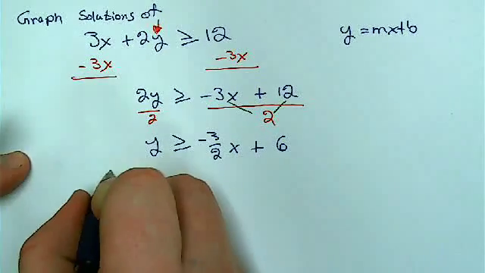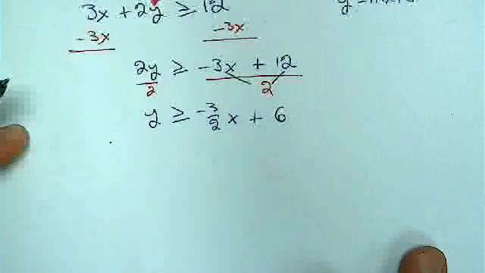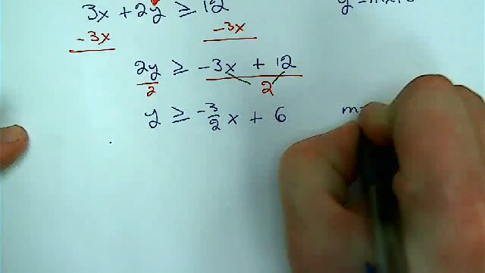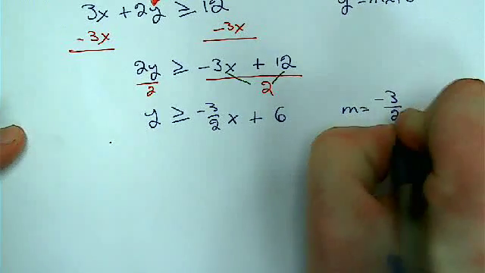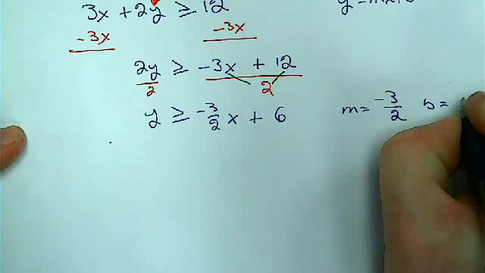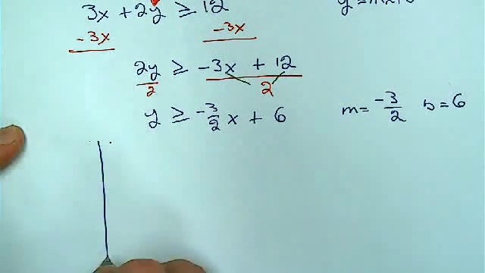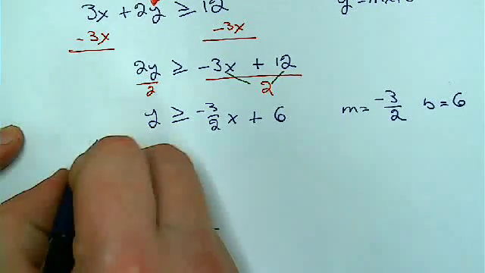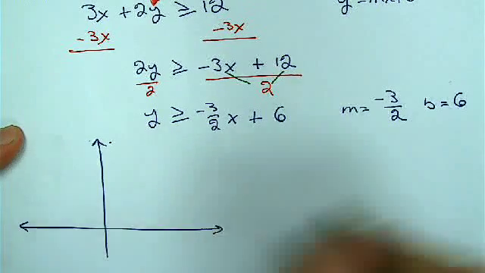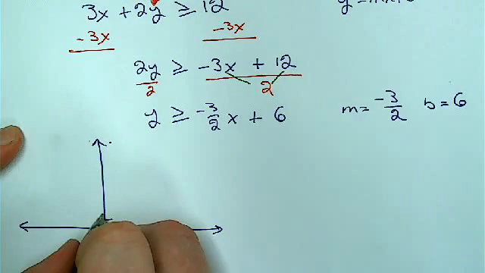So now when I go to graph this, slope is going to be negative 3/2. And the y-intercept is 6. All right, cool. So there's my axis. I start at 6, so that's up 6 along the y's.